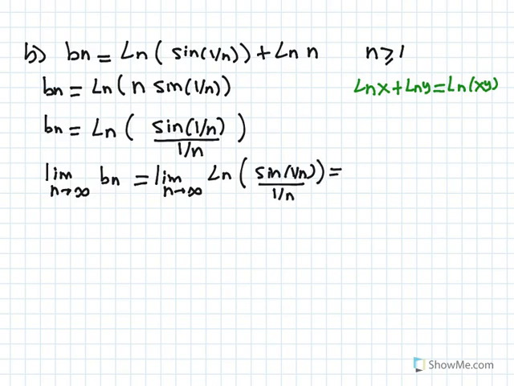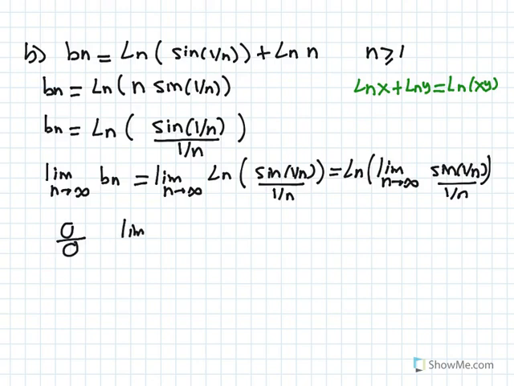Now let's bring the limit inside the log function, so we get log of the limit as n goes to infinity of sine of 1 over n divided by 1 over n. Now notice we have the 0 over 0 pattern inside the log brackets.